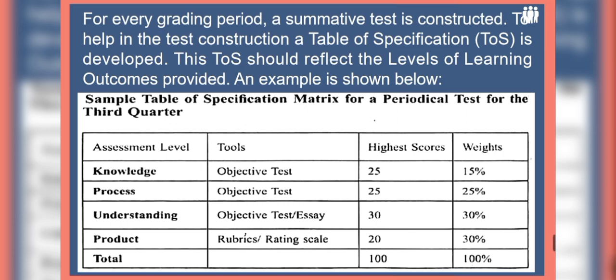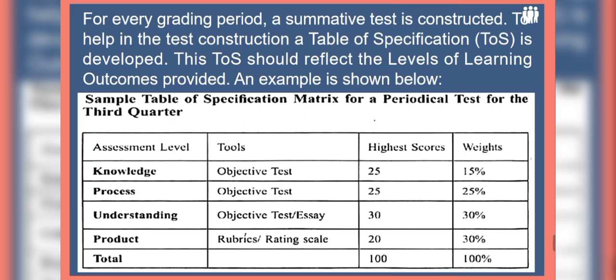So we know that as levels of assessment, there is knowledge, and also process, understanding, and product. And for the tools, the objective test has 25, and the rubrics or rating scale 20, and objective test or essay 30%.